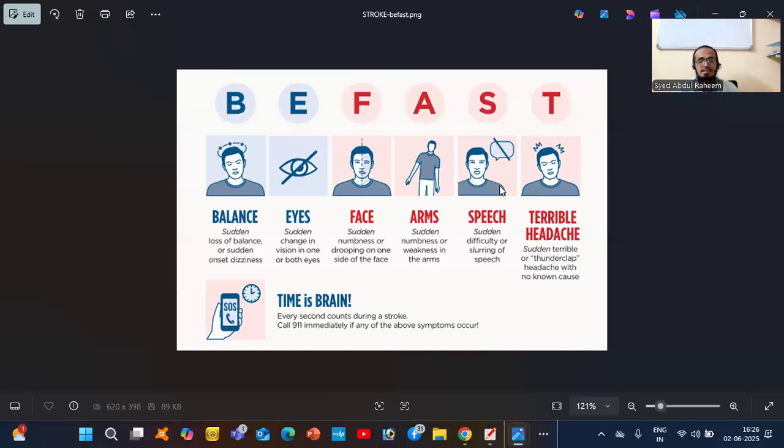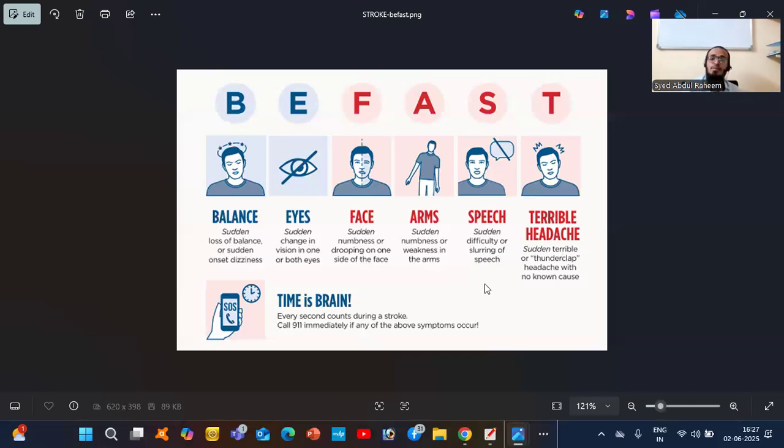Next we have S. From the S, you are unable to speak, or have slurred speech, speaking difficulty. Anything will happen. Next from T, terrible headache, or time. Some have given headache, or some have taken T as time.